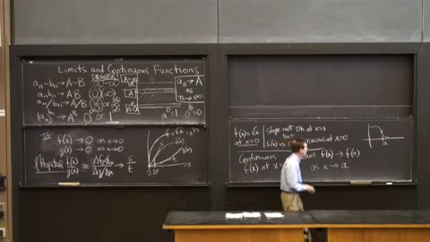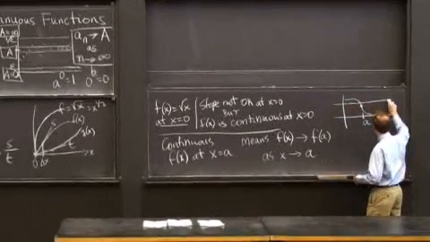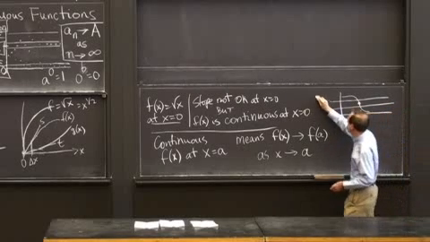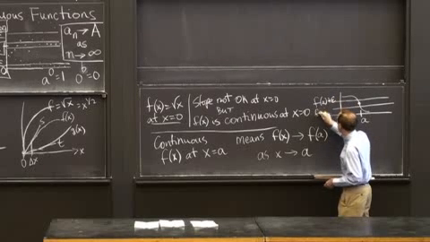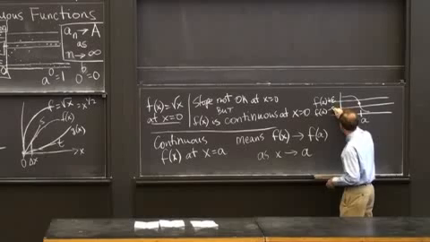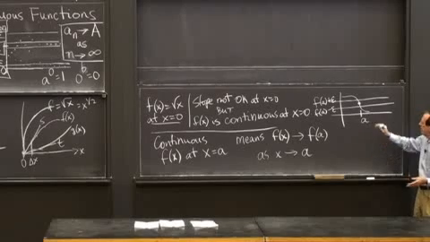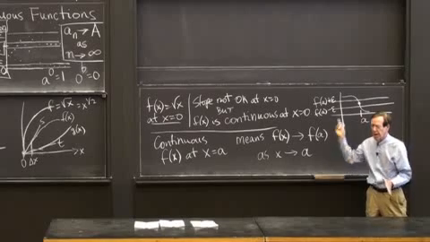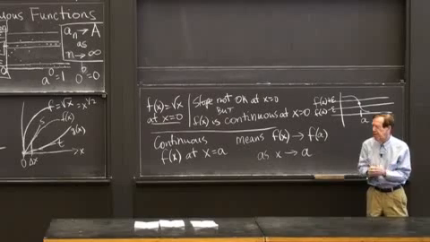If I take a little strip around f of a, so here's f of a plus a little bit, and here's f of a minus a little bit, then that function is continuous, because remember, epsilon could be smaller than I can draw it, but still positive.